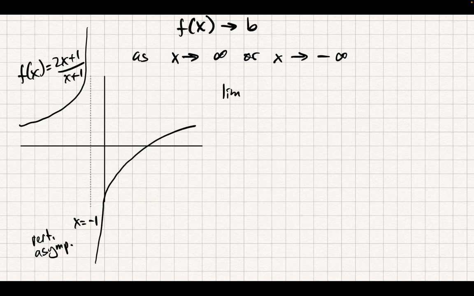This is a little bit of a preview of pre-calc notation, but in the limit as x approaches infinity of 2x plus 1 over x plus 1, any guesses? We have a very, very large number in the numerator multiplied by 2.